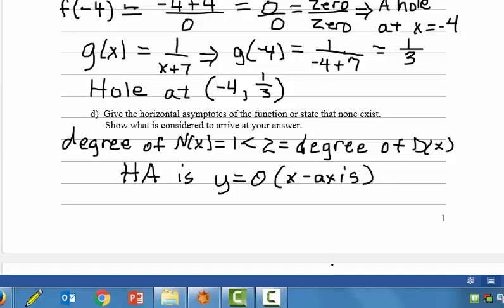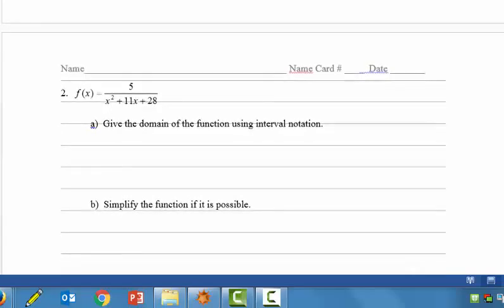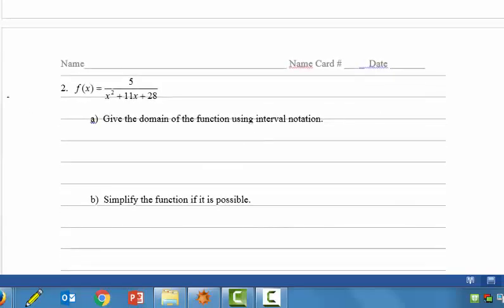All right, so that's problem 1. Let's look at problem 2. Problem 2, we have the rational function f of x equals 5 over x squared plus 11x plus 28.